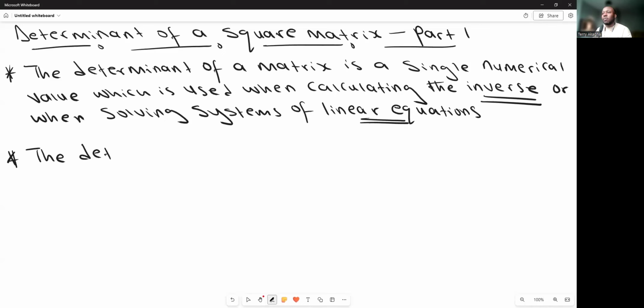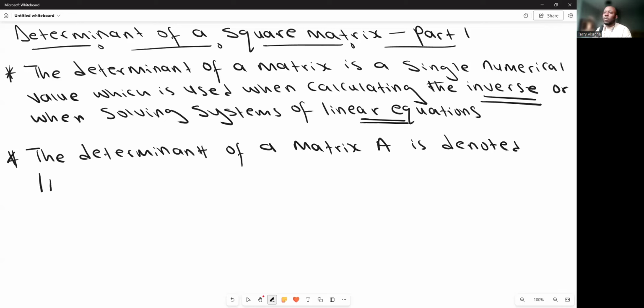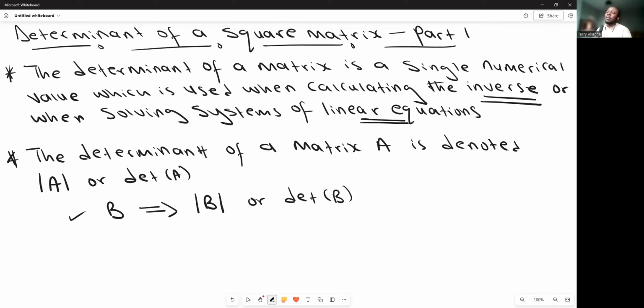The determinant of a matrix A is denoted like an absolute value, |A|, or you can also write it as det A. So for instance, if we have a matrix B and you found its determinant, you're going to write it as |B|, the determinant of matrix B, or you can say it as det B. Is that making sense? So that's how we represent it, okay?